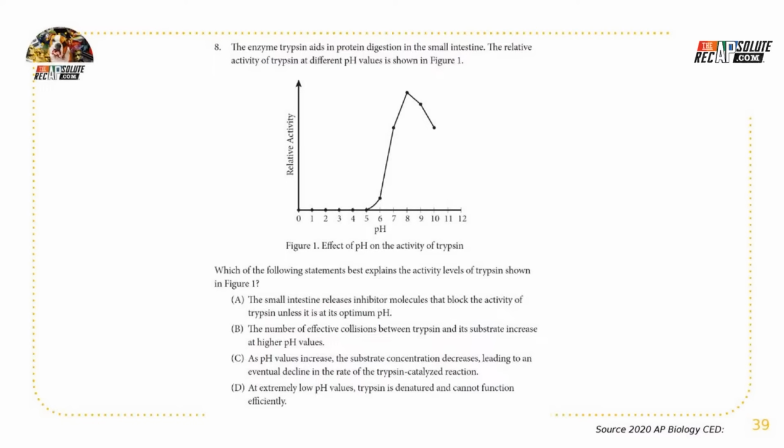Is it going to be because there's just a number of effective collisions between trypsin and a substrate at higher pH? Is it going to be because as pH values increase, substrate concentration decreases? Or is it going to be that at low pH values, trypsin is denatured and cannot function effectively?